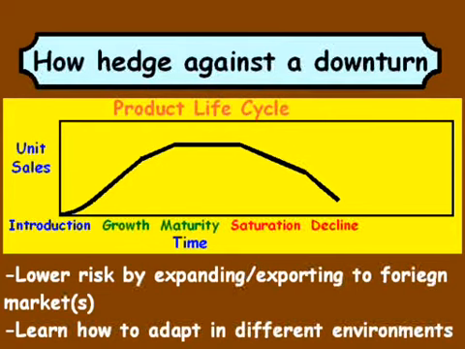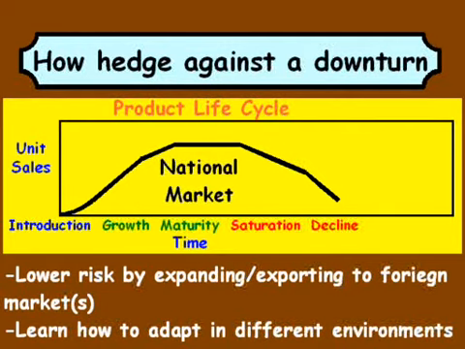One of the advantages is we can learn how to adapt in different environments. We may gain knowledge, cheaper labor. Some of the labor might actually have different expertise that the labor in our home market didn't have. And we can also hedge against the downturn.